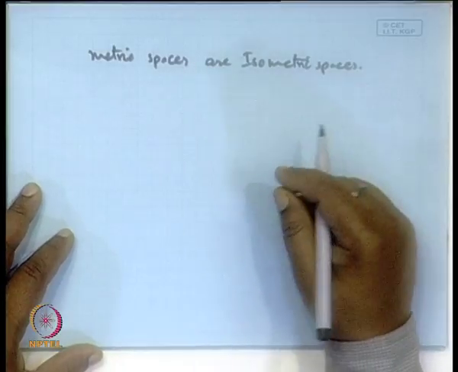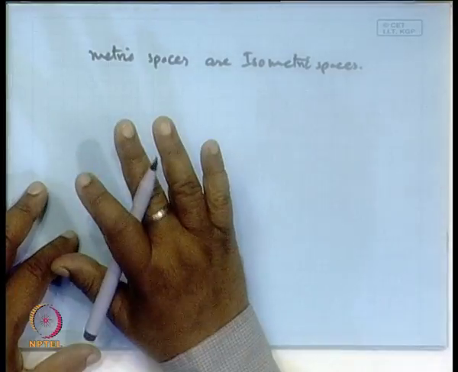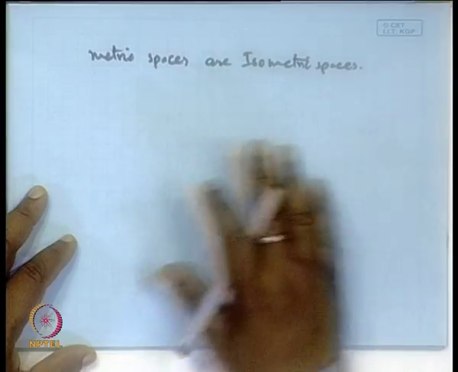That is, a mapping from one metric space to another which is one-one, onto and preserves the metric also, then these two metric spaces are said to be isometric.